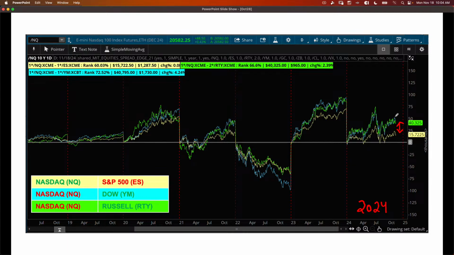I color-coded these. In order to capitalize on the yellow coming back, you would buy the NASDAQ and sell the S&P. Now, this blue line, if you think it's going to come lower, you would sell the NASDAQ and buy the Dow. This green line, if you think it's going to go lower, you sell the NASDAQ and you buy Russell.